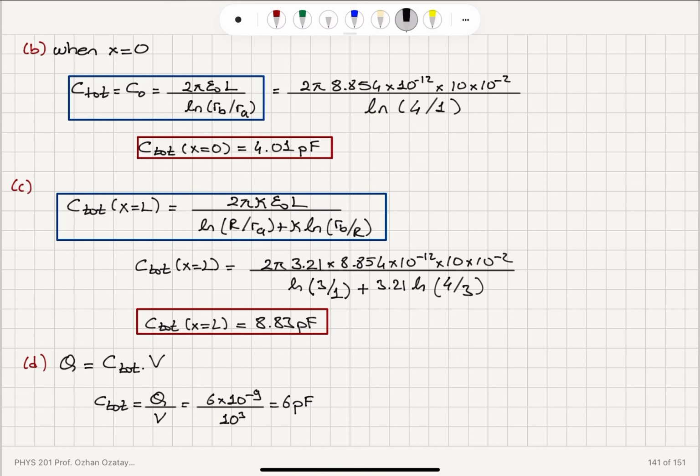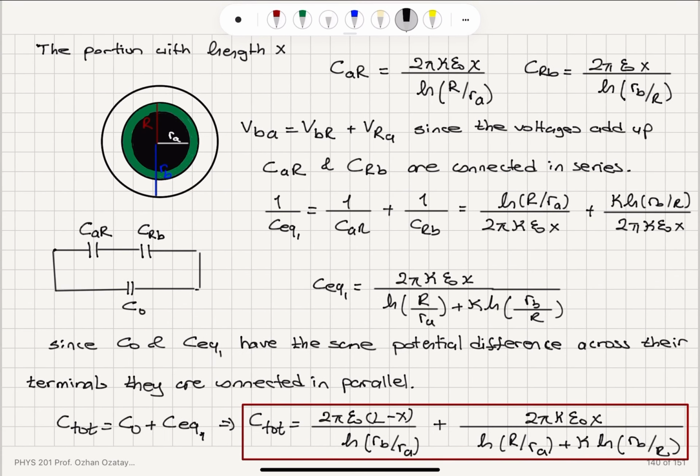So let's recall our total capacitance. That's the capacitance given here. And we're going to substitute for C total 6 picofarads. So we will have 2 pi epsilon 0, in parentheses, you can see here.